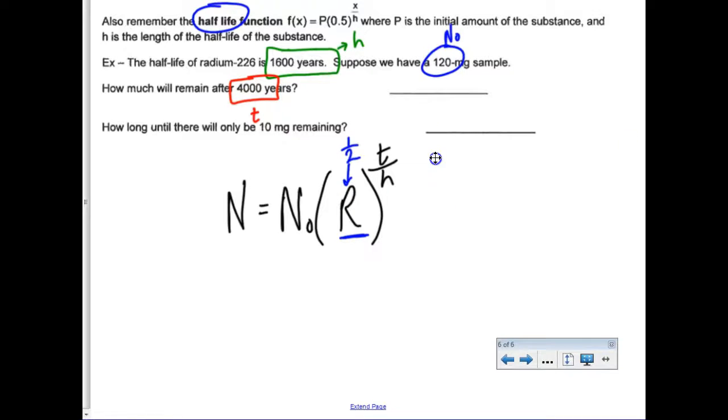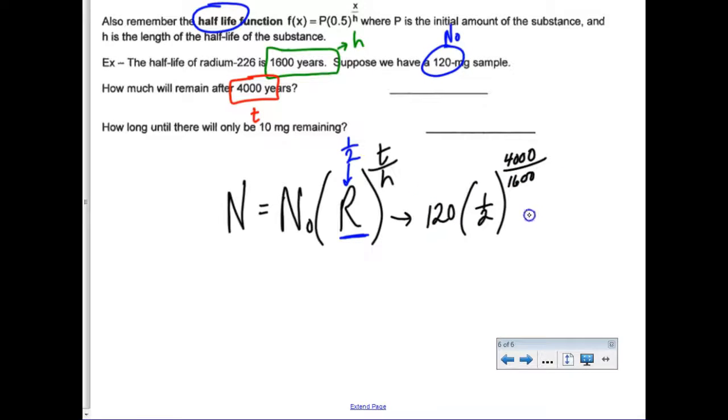All right, so let's do the calculations here, guys. This is just in the home screen of your calculator, but there will be a question on your test where it's all about you setting it up and finding it that way. So get used to setting things up, especially for your homework and subsequently your test. We have a 120 gram sample. It's halving, and then to the T, which is 4,000, divided by 1600.